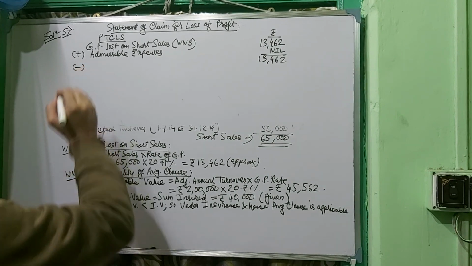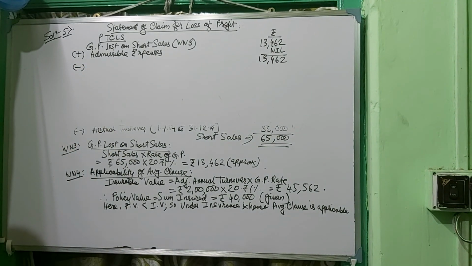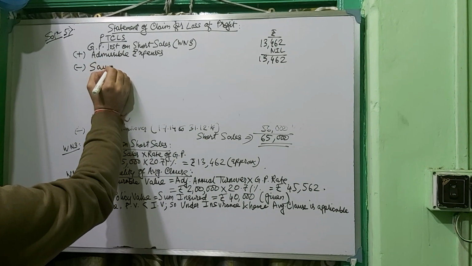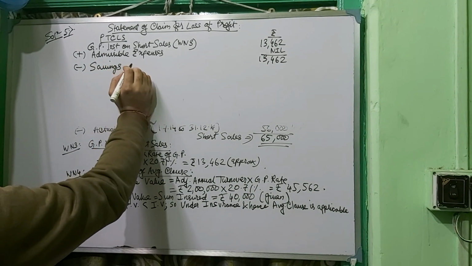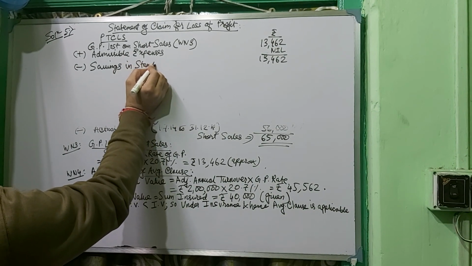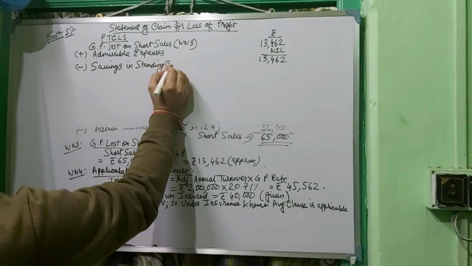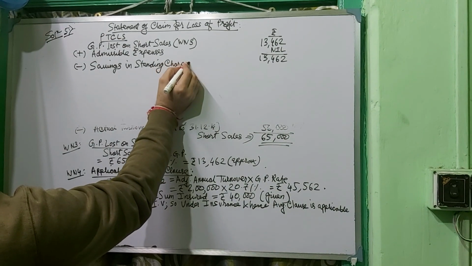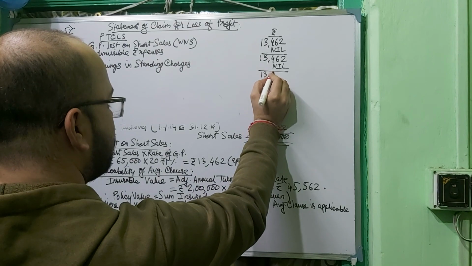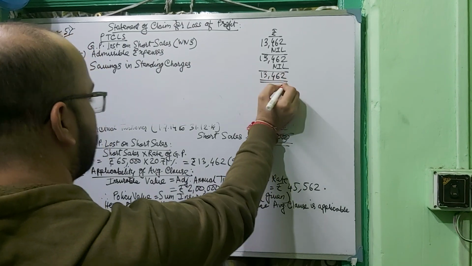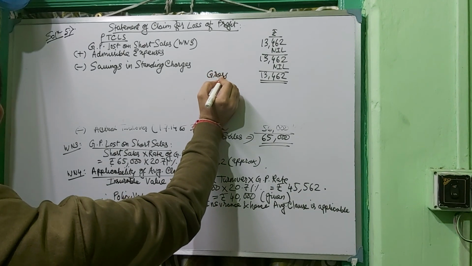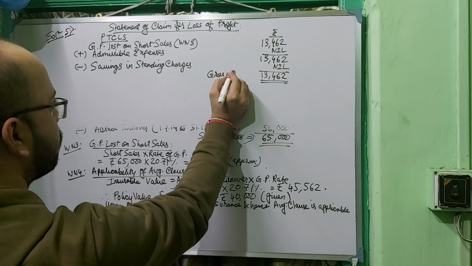See if there is any savings; if there are any savings, we have to deduct that. Savings in standing charges: there is no savings. So basically 13,462 is your gross claim.